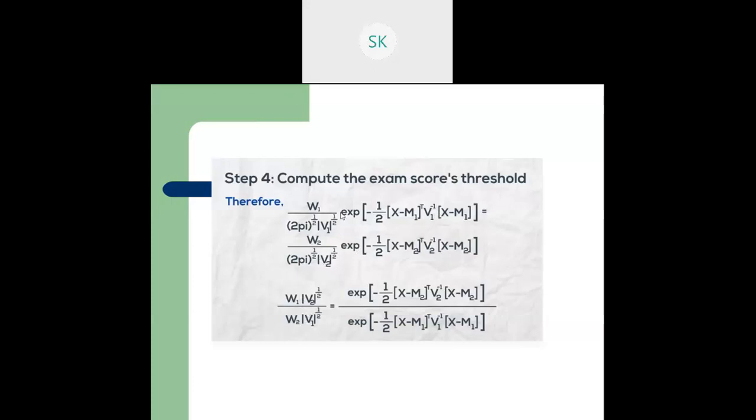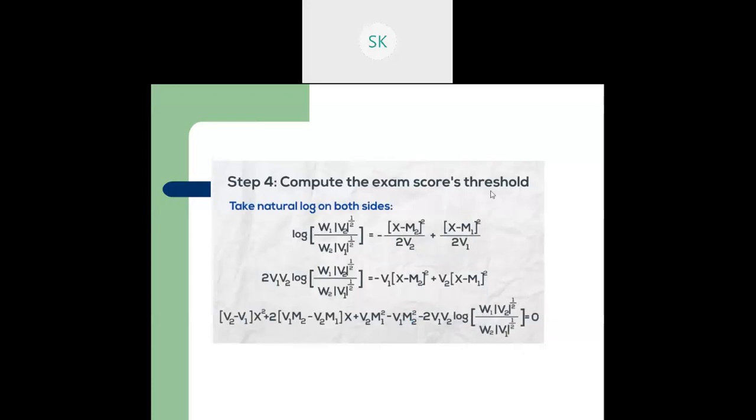Now this computation is done, the W2 V2 will go to the right-hand side, left-hand side and right-hand side. Normalization is done, and at the end we got this W1 V2 divided by W2 V1, 1 by 2, is equal to this exponential form. Don't get confused. This explanation is given earlier in this presentation.